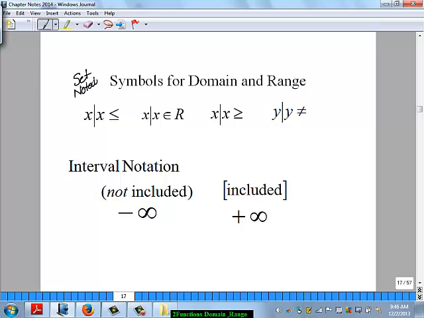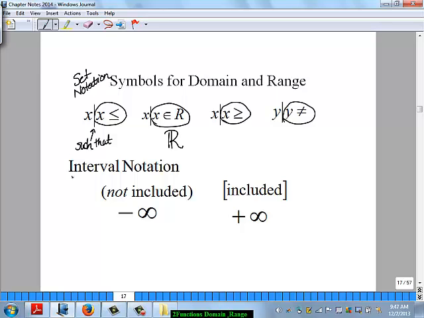Things that you're going to use for set notation, and you don't need to use this x, this stands for such that, I won't make you do that this time, but you're going to use x is less than or equal to. You can say x is an element of the reals, or just say all real numbers. X is greater than something. Y can't equal something. Those are all things that you can use for set notation and that you've done forever.